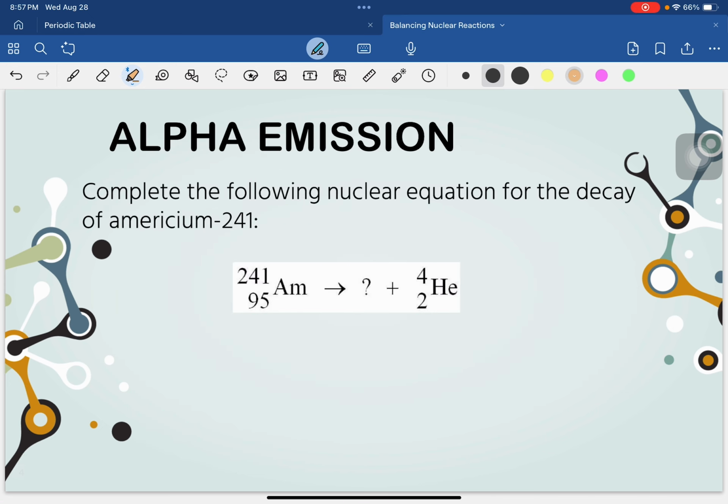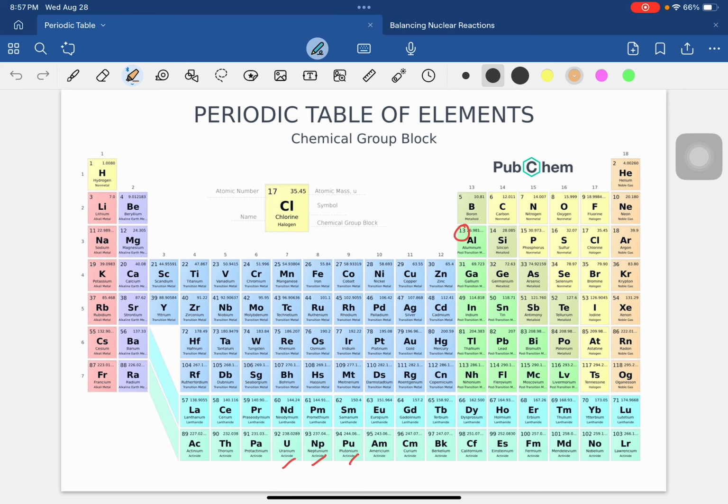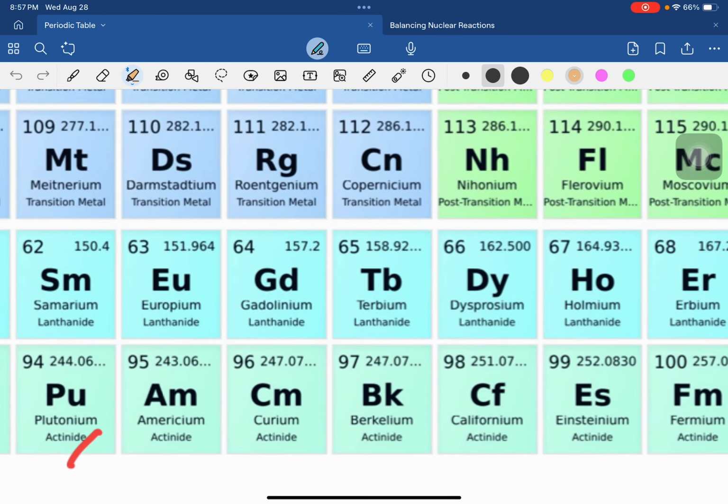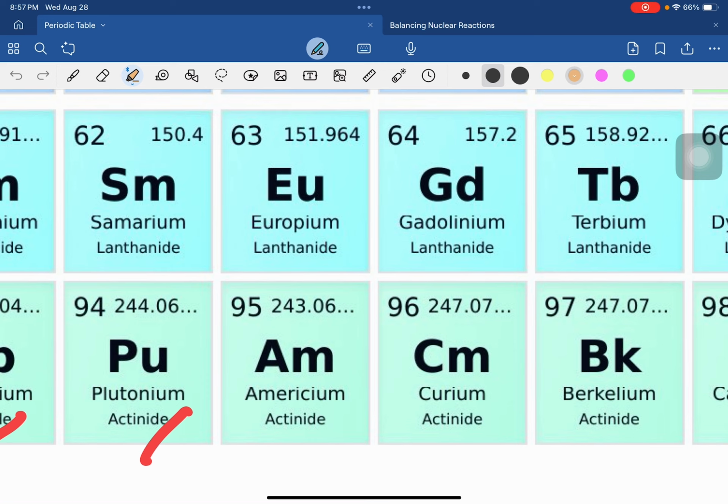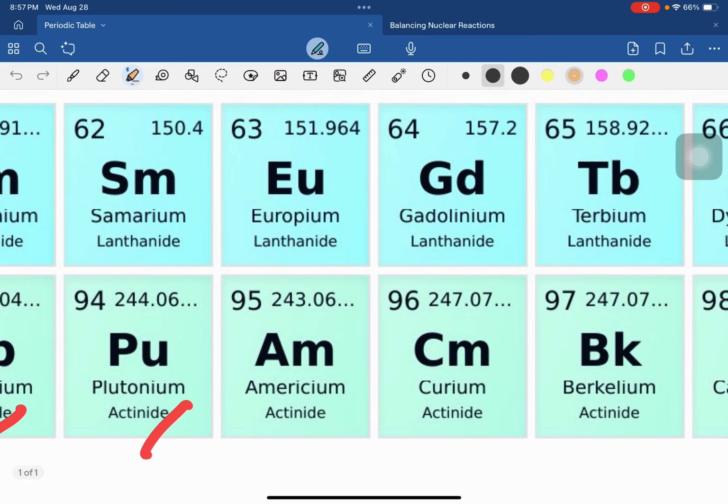For example, for this reaction, we have 241. I guess this is americium. Let's go to our periodic table. Let's just check. There you go. Yeah, it's americium. As I've said, I think in the last video, what's constant will be the atomic number.